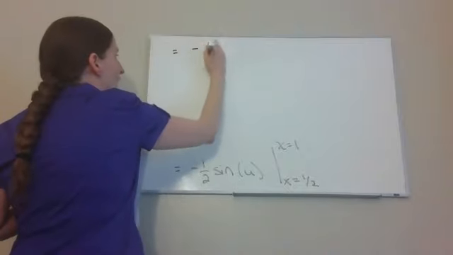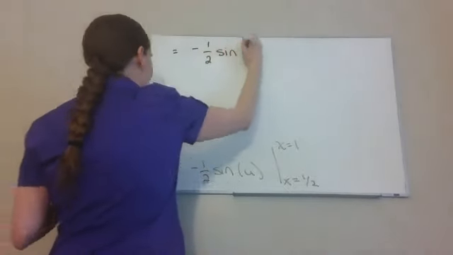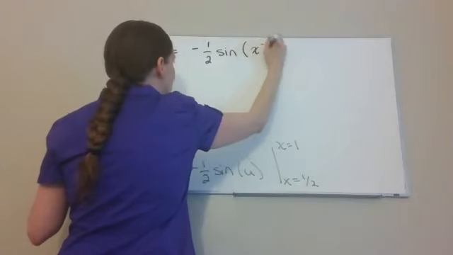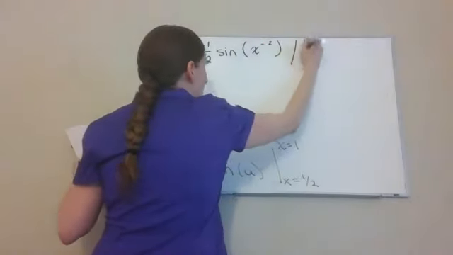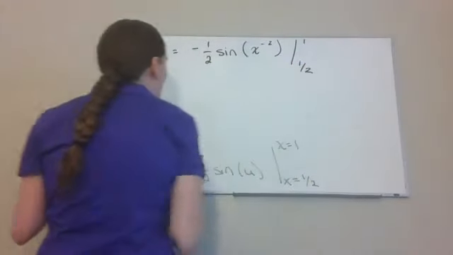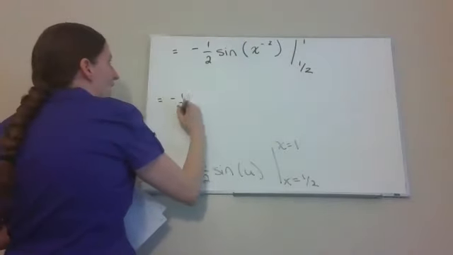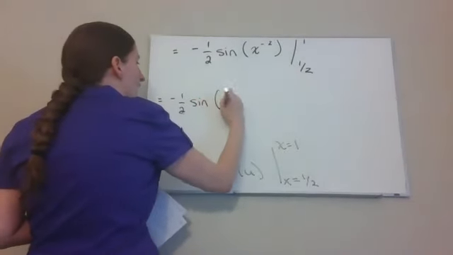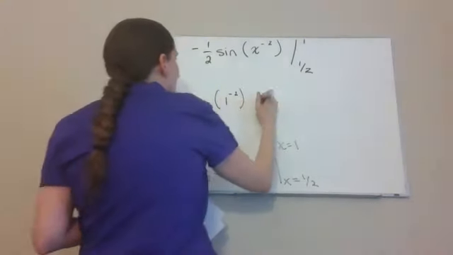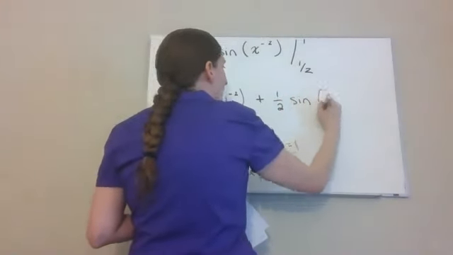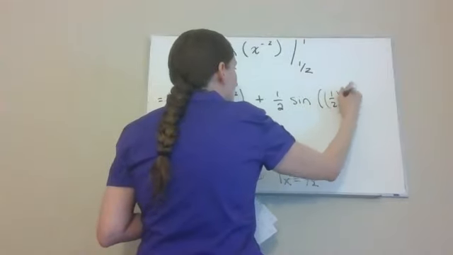So I have my negative 1/2 sine of x to the negative 2. And I'm going to plug in 1 and 1/2 for my x values. So I get negative 1/2 sine of 1 to the negative 2 minus negative 1/2 sine of 1/2 to the negative 2.